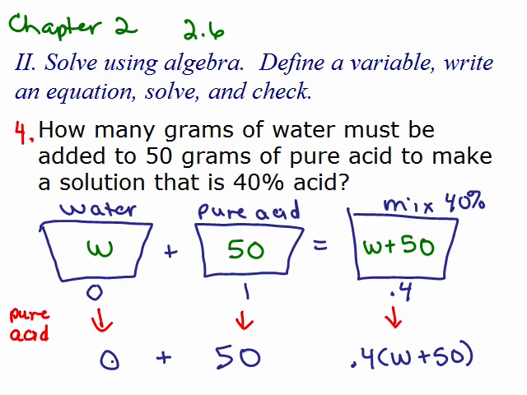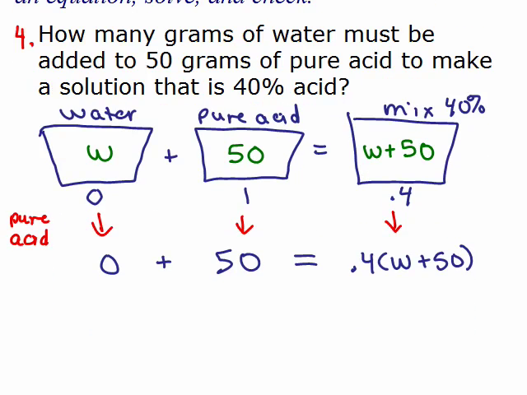What we're saying is if you're pouring in no acid from here and 50 grams of acid from this container, I should have the same amount of acid after I mix them together. So these must be equal. 0 plus 50 is just 50. 50 equals 0.4 times W plus 50.